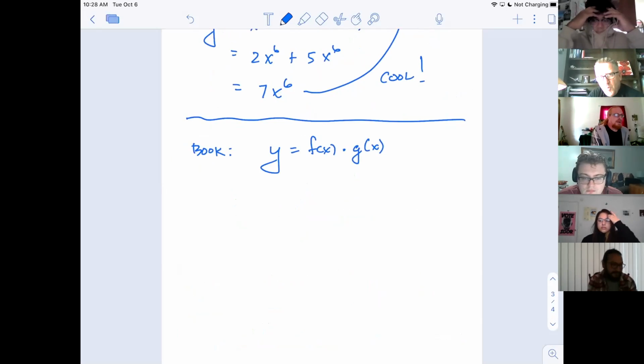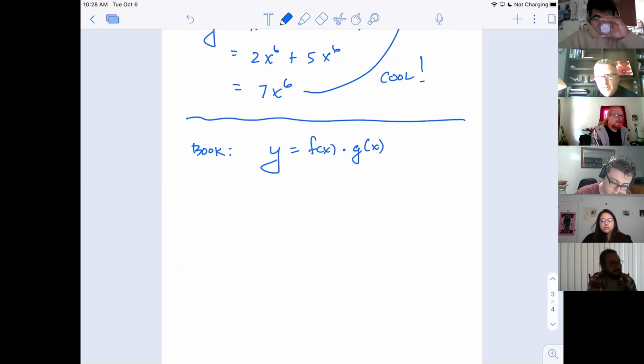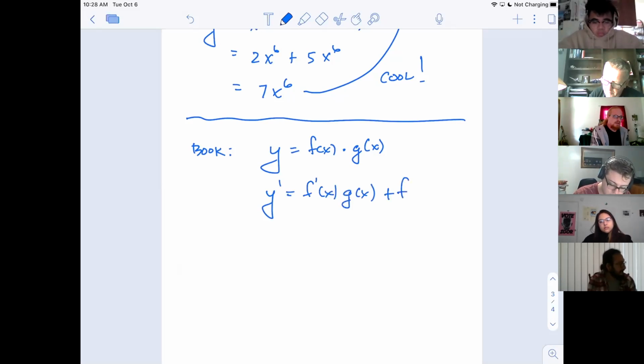They look more like them than u's and v's do, right? You're used to seeing f of x equals x squared and g of x equals the sine of x. And so then they would say something like maybe y prime is equal to f prime of x times g of x left alone plus f of x left alone times g prime of x.